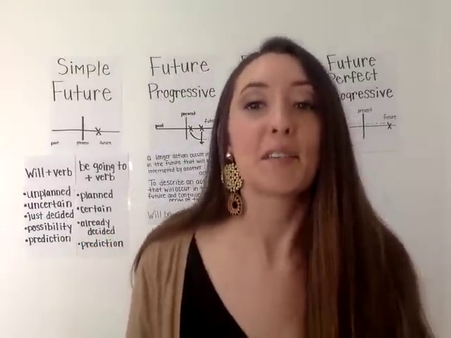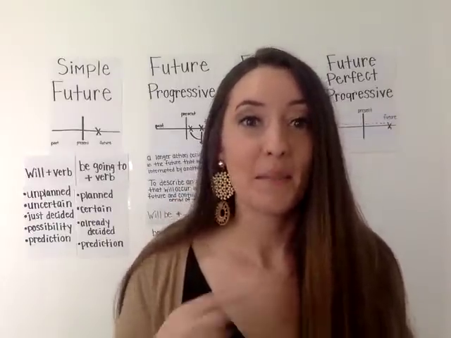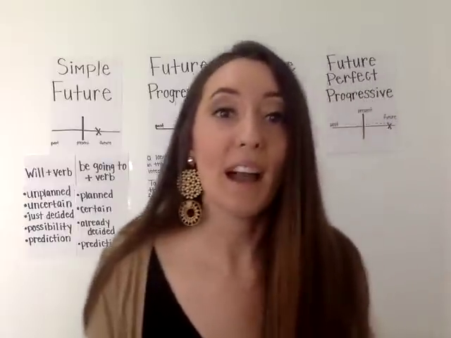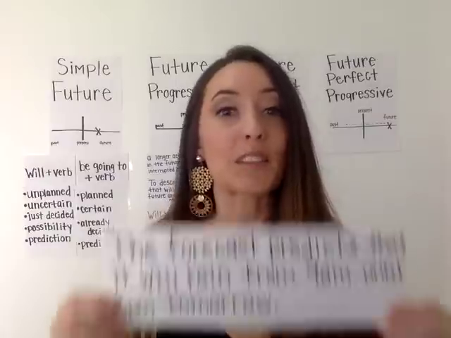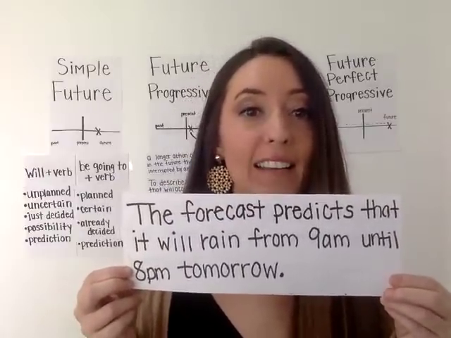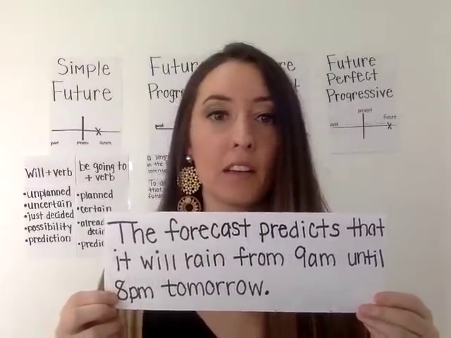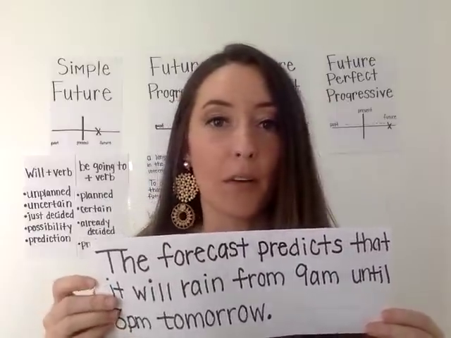All right, tomorrow we have plans to go to the beach. You and I, we have plans to go to the beach. But we're watching television. We're watching the news. The forecast predicts that it will rain from 9 a.m. until 8 p.m. tomorrow.